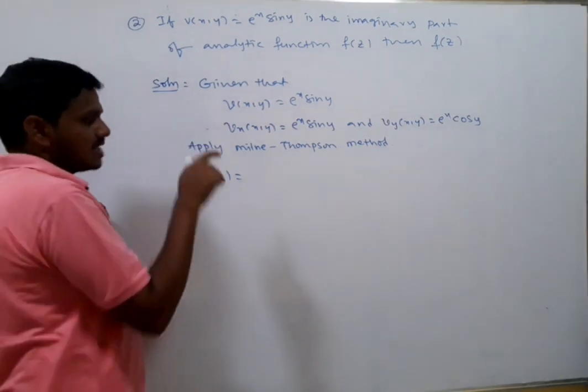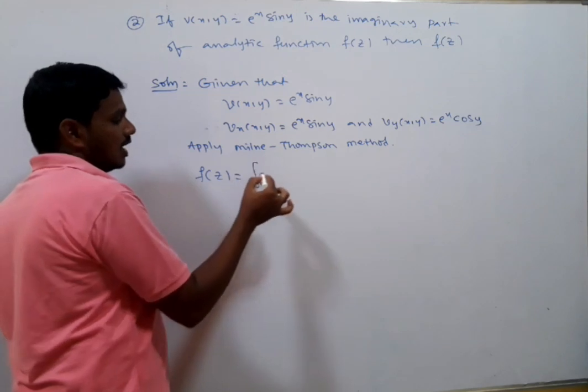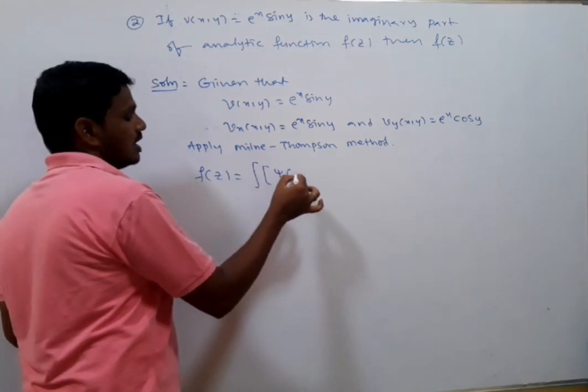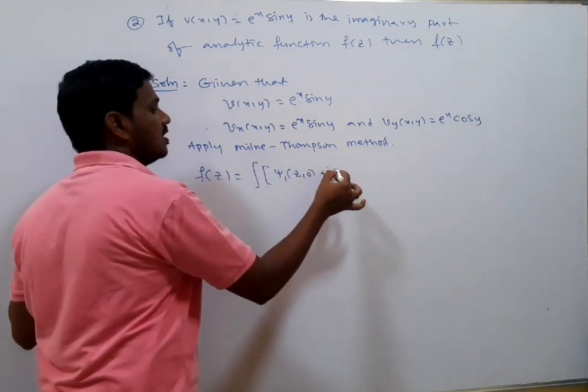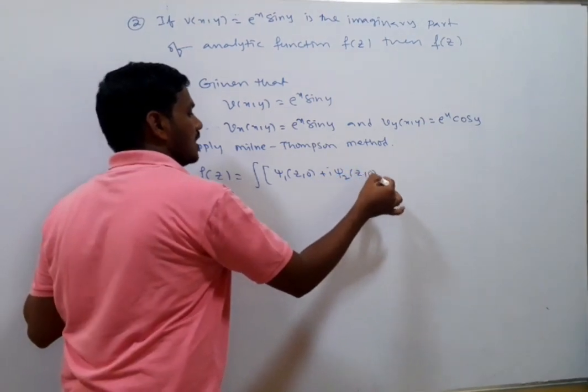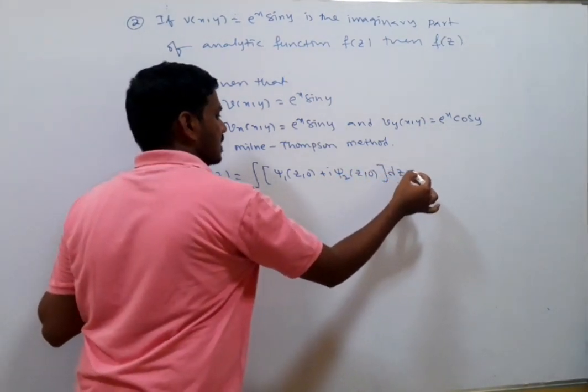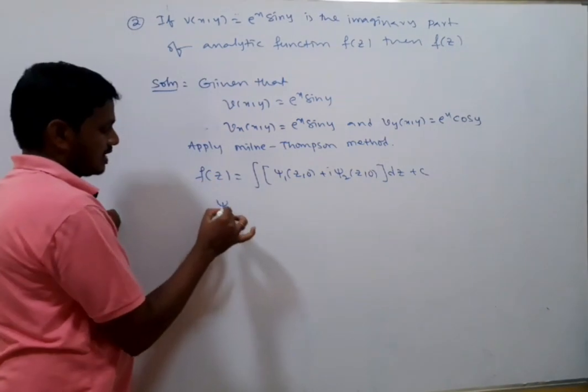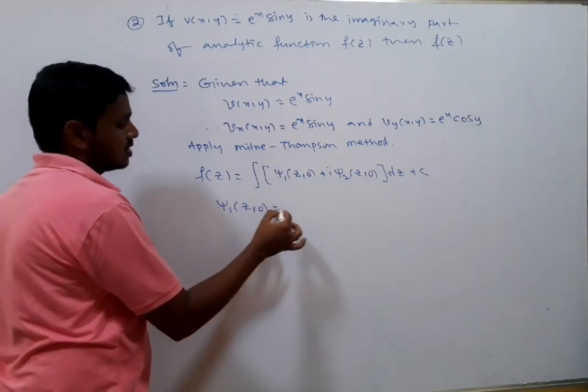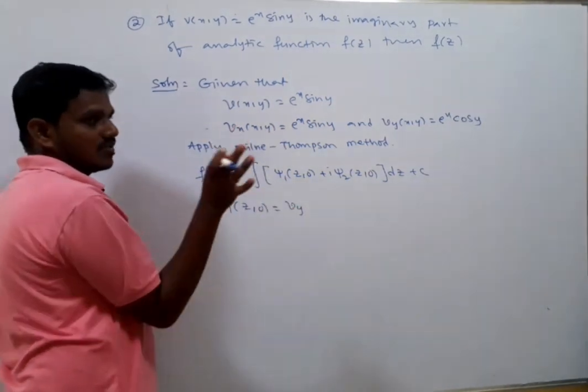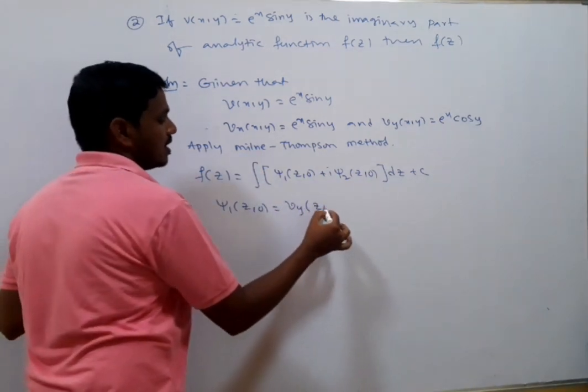Here when the imaginary part is given, it is integral psi 1 of z comma 0 plus i into psi 2 of z comma 0 dz plus c, where psi 1 of z comma 0 is equal to Vy of z comma 0, the first term is Vy, no?